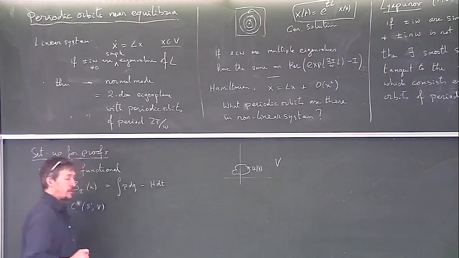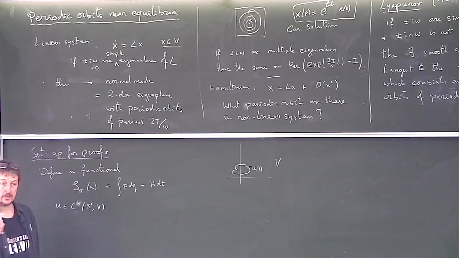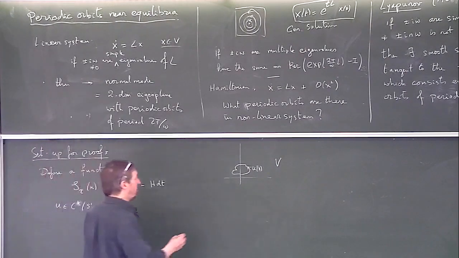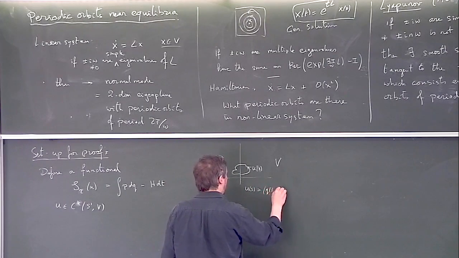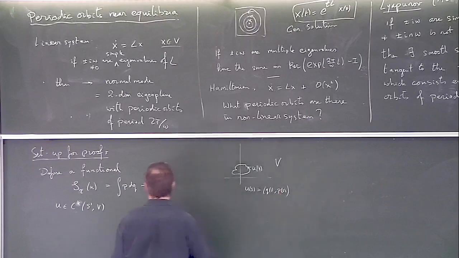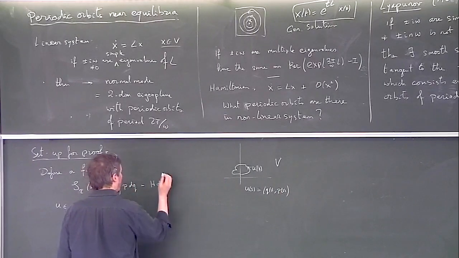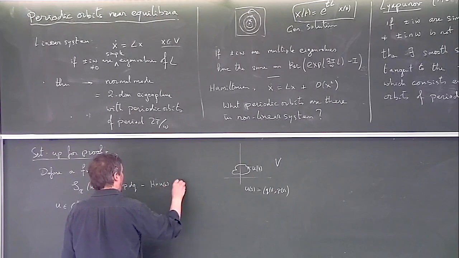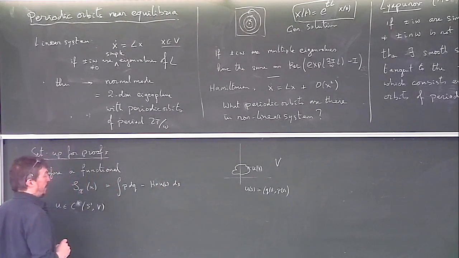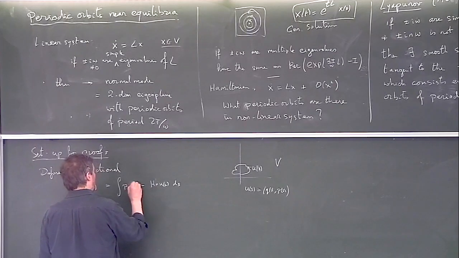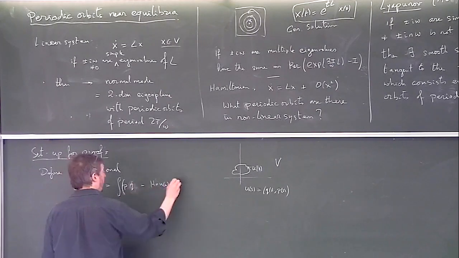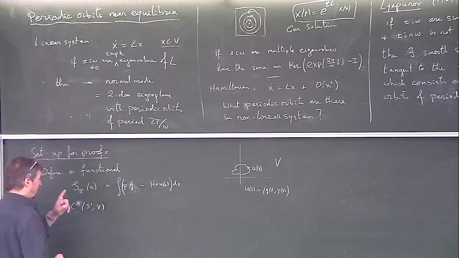So if we write it in terms of q's and p's as common in Hamiltonian systems, this should be ds. So there's something missing.